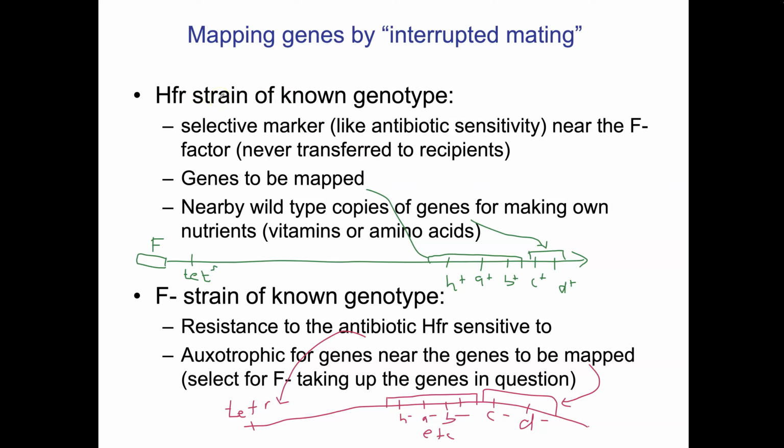Careful design of different genotypes in the donor strain and the recipient strain are very, very important, because what you don't want is to culture your mixture of cells and be getting most of the bacteria that grow are just your F- strain, and they haven't actually participated in mating or taken up any DNA from the donor strain, or they're a bunch of donor cells that are just able to make their own nutrients. So maybe take a look at this and just read through this, and then in the next lecture we will start here.